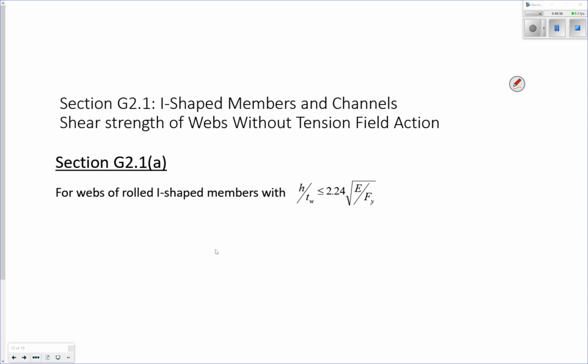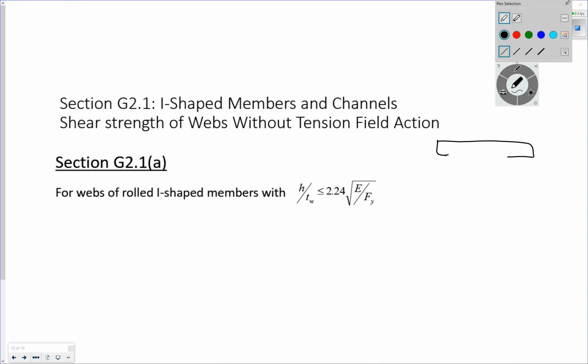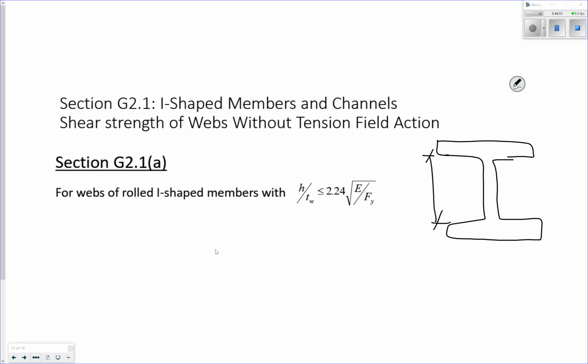But if the height of my web, which is kind of like the height, it says clear distance between the flanges, less the fillet at each flange.